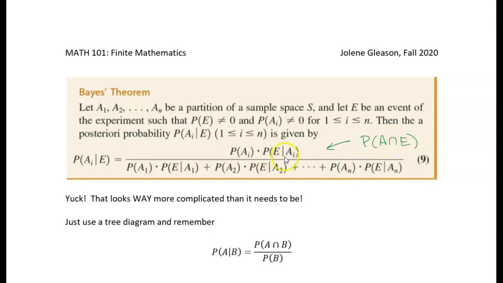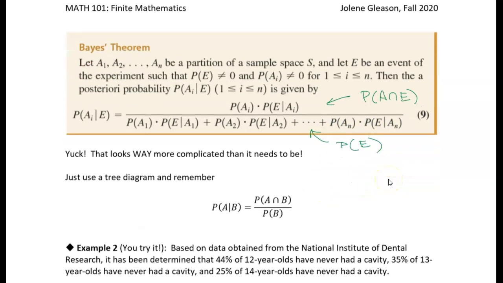That is what the numerator is. And this denominator, remember we summed up all those probabilities. This is just the probability of event E happening, because it can happen in any number of ways, right? And so we're just adding up those probabilities. So don't get scared by this formula, because that is an ugly looking formula.